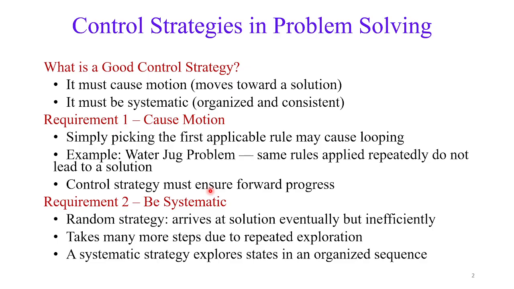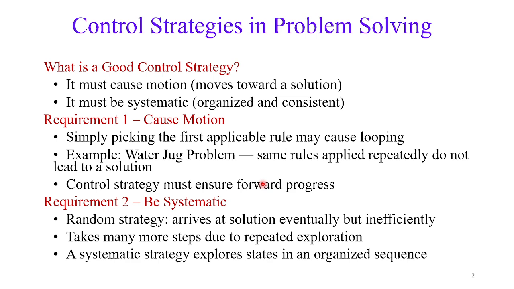So there will be no progress. But a good strategy should have progress. This is a looping problem. A good control strategy will help you detect and avoid revisiting already explored states. So we have to ensure that every step is a productive one.